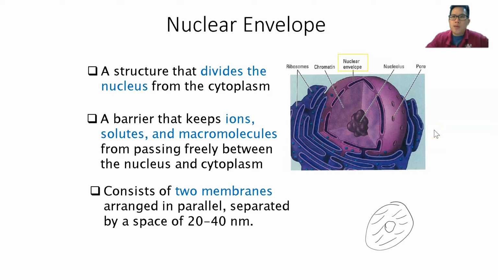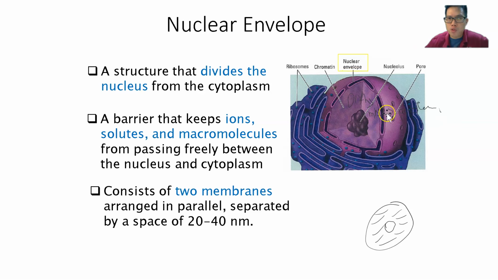Basically, looking at this, the genetic material over here, the DNA, will be transcribed to what we call the mRNA. The mRNA will go through the membrane and be translated to protein by what we call the ribosomes here.